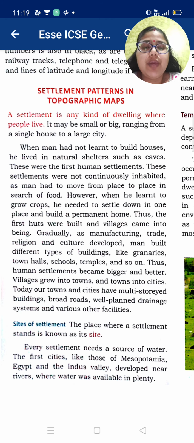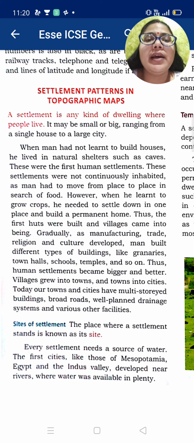Now, villages grew into towns and towns into cities. Today, our towns and cities have multi-storied buildings, broad roads, well-drained drainage systems, and various other facilities. Still, you can see that many villages are converting into small towns because of having certain facilities.